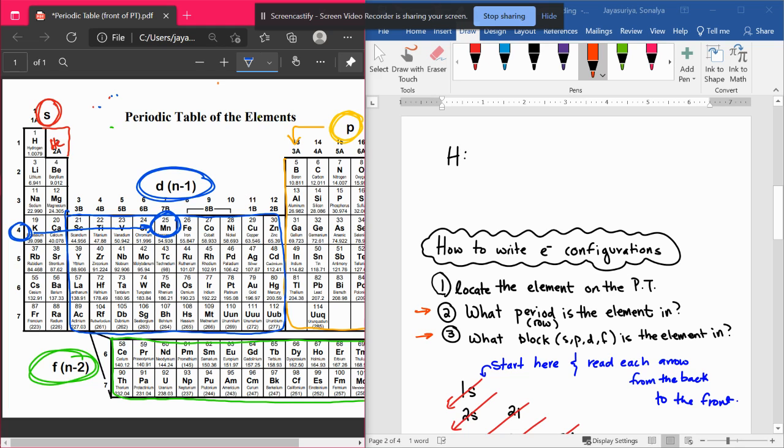However, n minus 1 means 4 minus 1. Manganese is actually in the third period D block. So we call this row 3D. That means this one is going to be the fourth period D block because 5 minus 1 is 4. Then this one is going to be 6 minus 1, 5D.